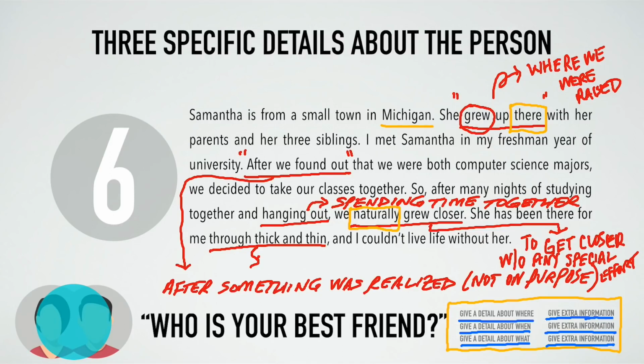So we can say someone is there in good and bad times. So for example, my family is there for me through thick and thin, in the good times and the bad times, okay? So through thick and thin. All right, let's move on.